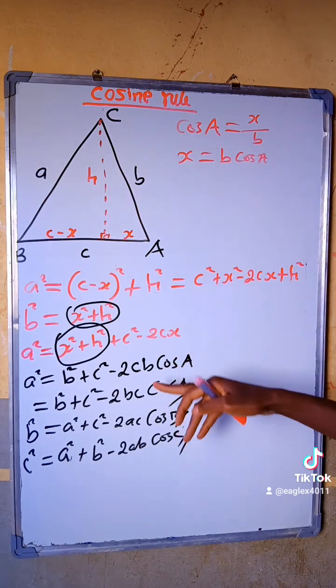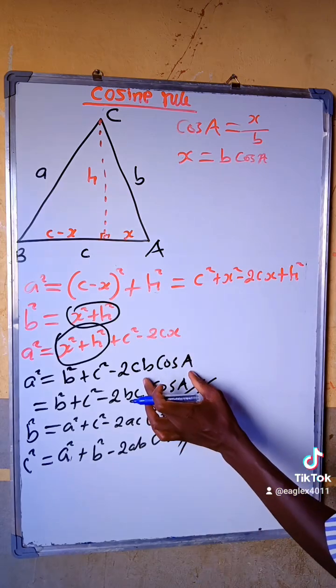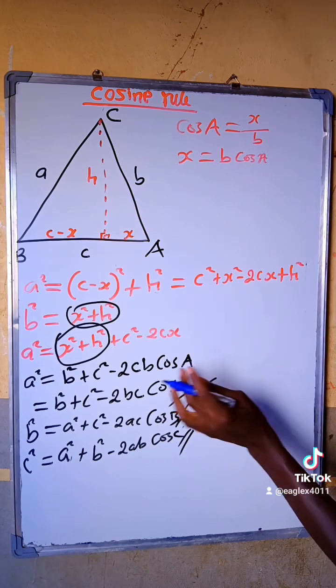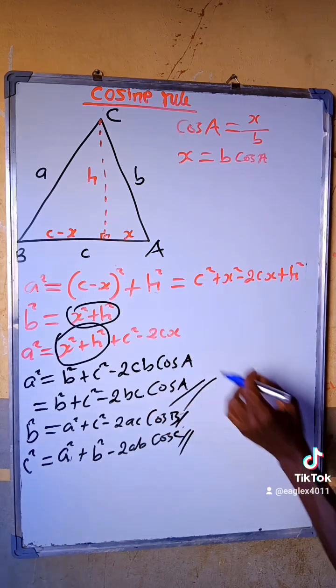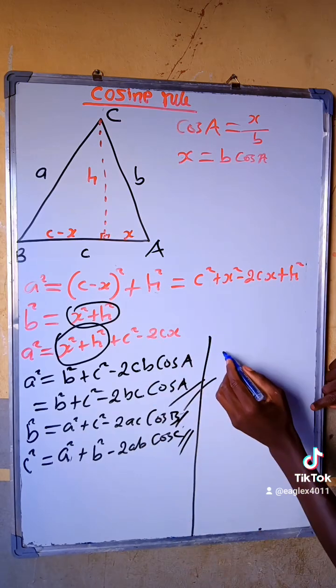And to find the angle, we just make cos A the subject of the formula.